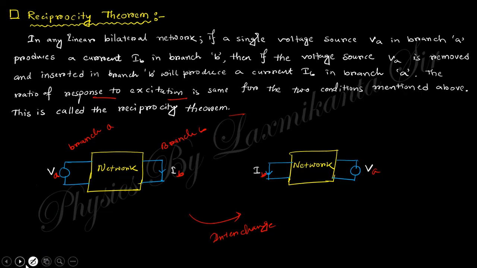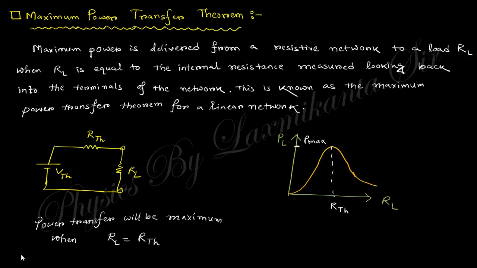Clear? Next portion. This is another important theorem, the maximum power transfer theorem. This is a source, which can be a voltage source or a current source, and this is the load.